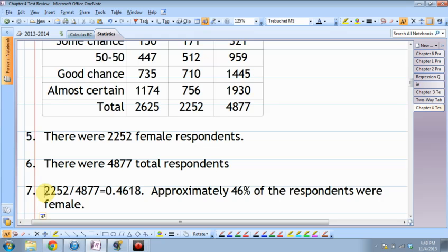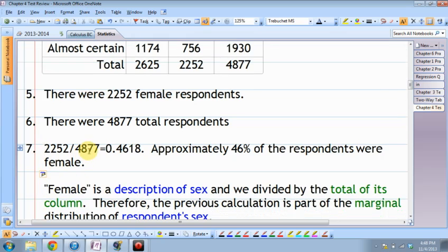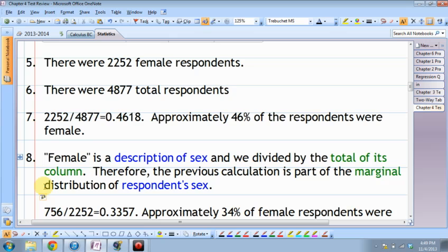The percentage of females among respondents. Okay, out of the 4,877, 2,252 of them were females. That's about 46%. Okay? Questions on any of that so far? You just kind of burned through those. Okay.